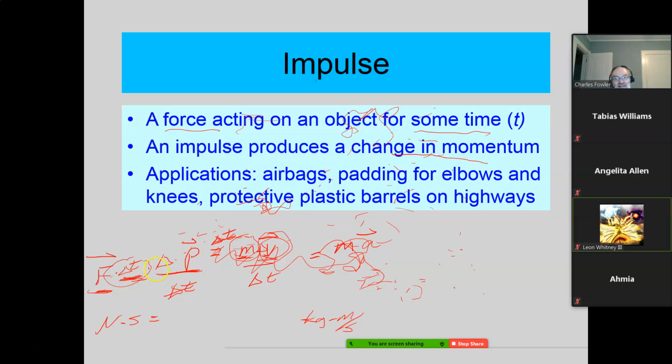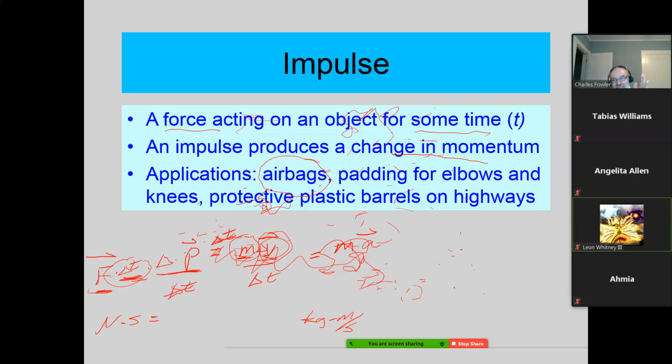Okay, so then after that they put the shoulder harness on, and the shoulder harness took even more time for you to hit. So the time interval increased, the force decreased. And then finally they came out with airbags, and airbags really lengthen the time interval over which that occurs. In fact, they explode right when you hit, and your face goes into the airbag and then comes back out.